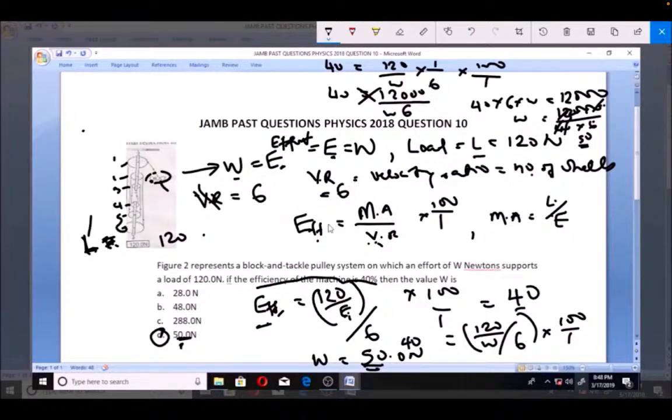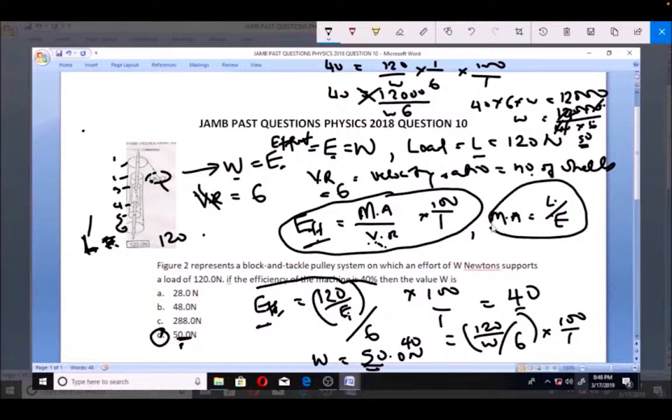Please note the formulas. Efficiency is equal to mechanical advantage over velocity ratio times 100 over 1. This is the formula we use for this calculation. Also note that mechanical advantage, MA, is equal to L over E, load over effort. This is the load, and this is the effort you are making to carry it.